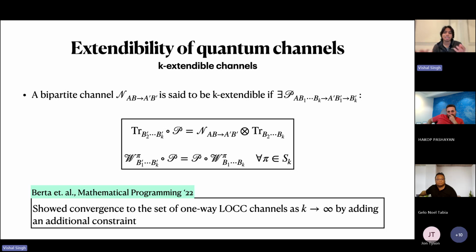In that case, it's sufficient to require the k-extendability of the Choi state. But in this case, they're not equivalent. If I write these constraints, they would not exactly transform to the k-extendability of the Choi state. Okay. Yeah.